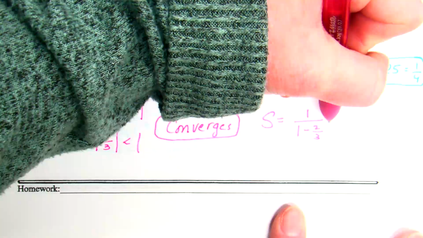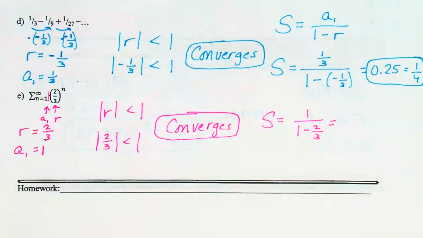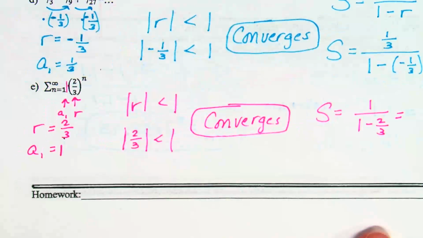A of 1 is the first term, yes? So how would I find A of 1? You put in the first n value to the equation. What is 2/3 raised to the first? 2/3. So what is A of 1 actually? 2/3. Teacher mistake.